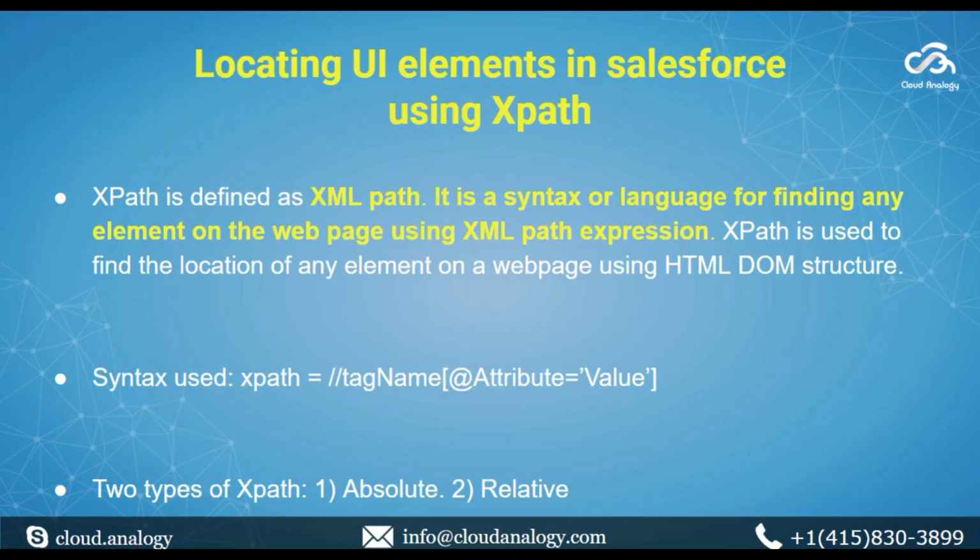Moving forward, now we are going to understand how to find or locate UI elements in Salesforce using XPath. First we need to understand what is XPath. XPath is defined as XML path. It is a syntax or language for finding any element on the web page using XML path expressions. XPath is used to find the location of any element on a web page using HTML DOM structure.